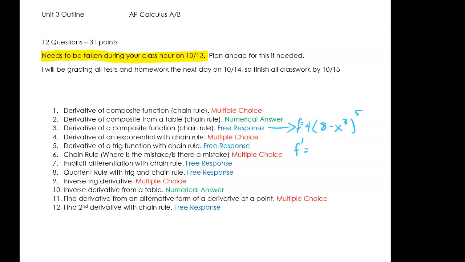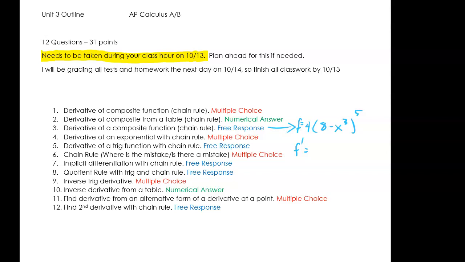And John, can you help us figure out how to do the derivative of that? Okay. Close.